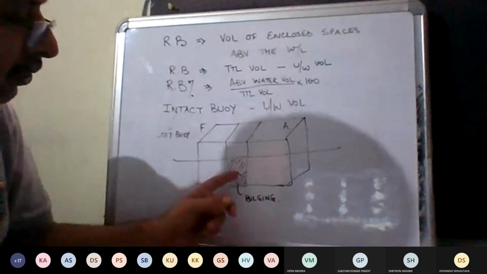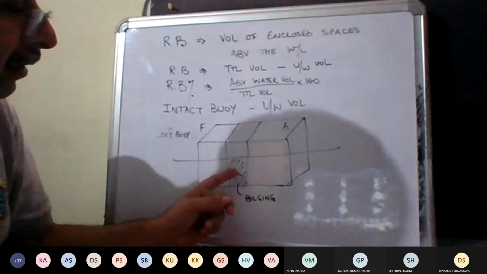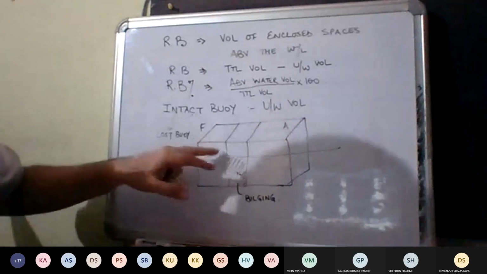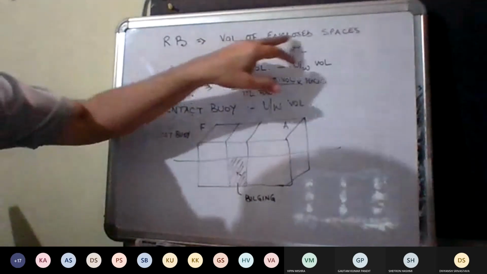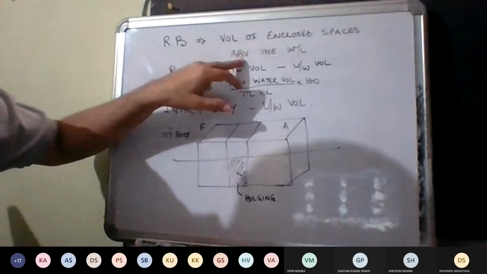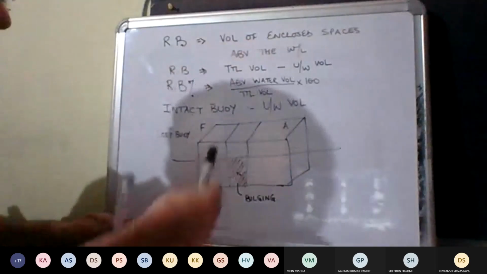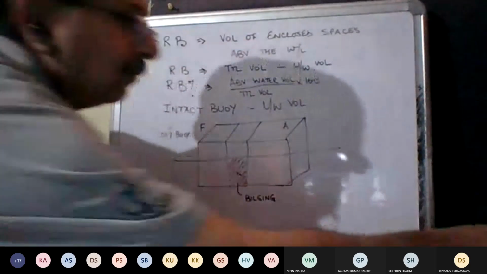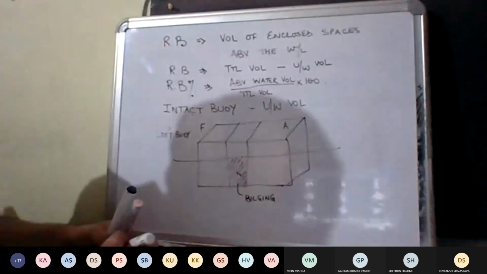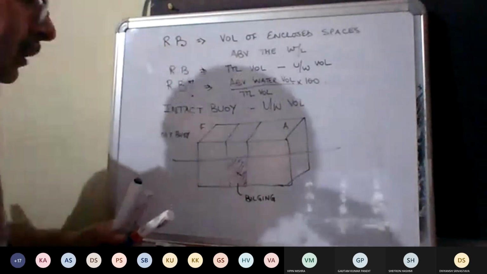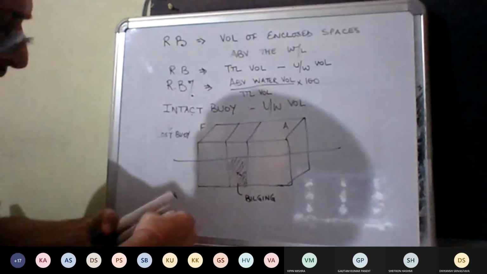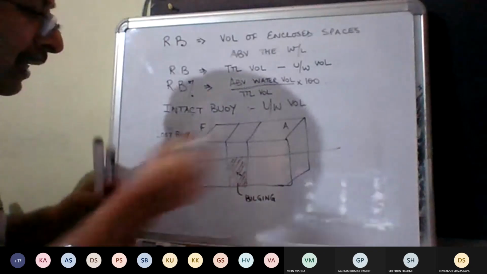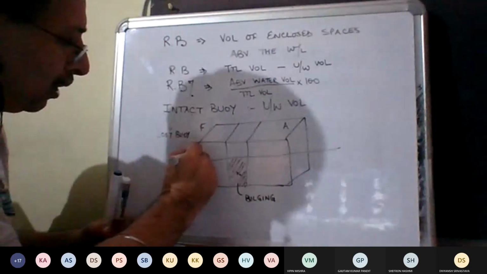If buoyancy is lost, then I have some reserve buoyancy, which is on top: the volume of enclosed spaces above the waterline. This volume above the waterline will give a portion of the buoyancy to the ship, and the vessel will now sink to a new draft.